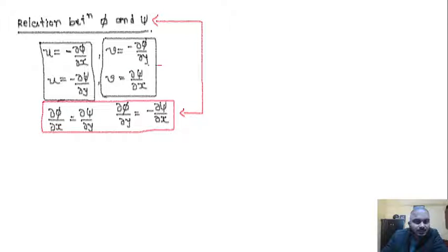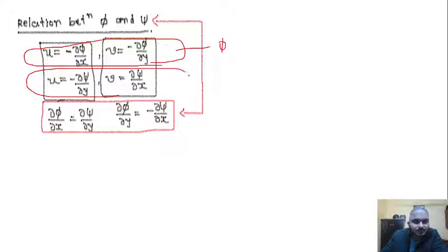These two are for the phi definition, that is, for the velocity potential function, and these two are for psi. When we equate them in this black box, we get this relationship between phi and psi. So this is the relation between phi and psi.